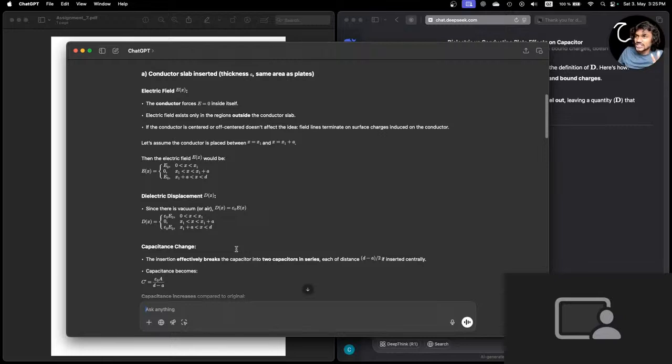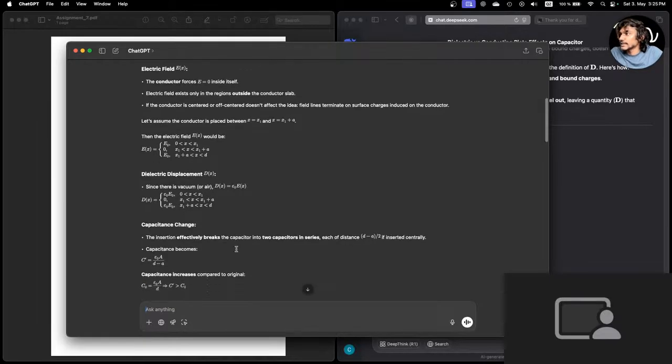That is the functional representation of the dielectric displacement inside the capacitor.